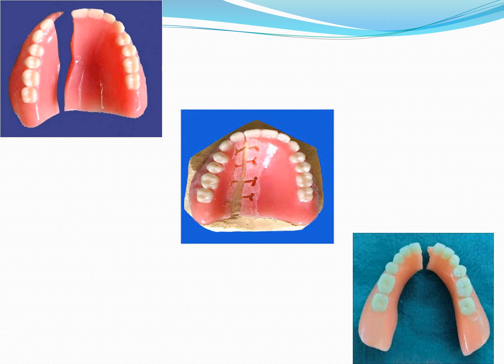To start with this fracture, usually the denture has fallen down from impact and there is a hairline fracture on one side. The patient is not aware of this and is using it.